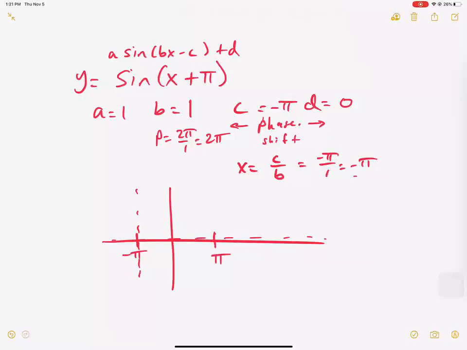To show you the steps to find where we end, we take our x value and add our period. Our x value is negative pi, and we add our period, which is 2 pi. 2 pi minus pi is pi. So this is where we end. This is our start, this is the period, and this is where we end.